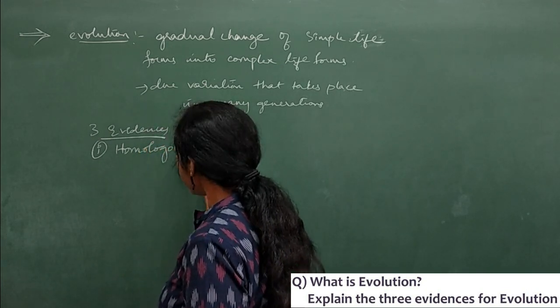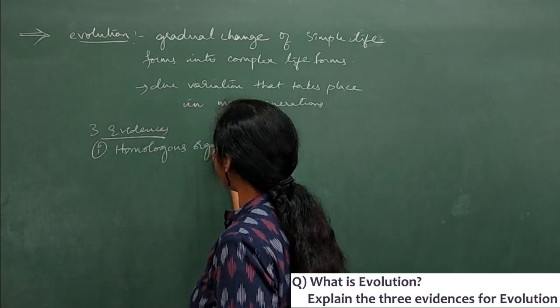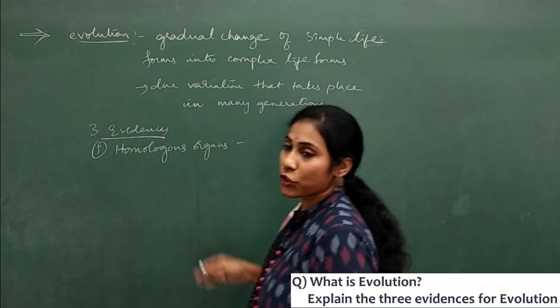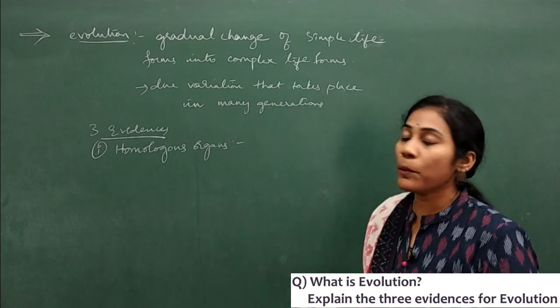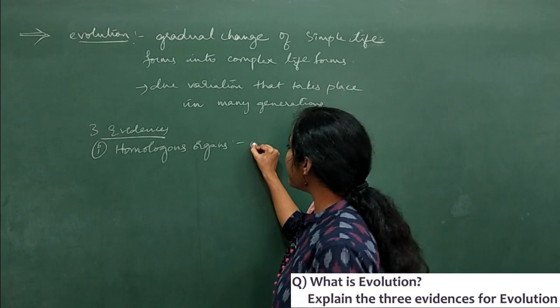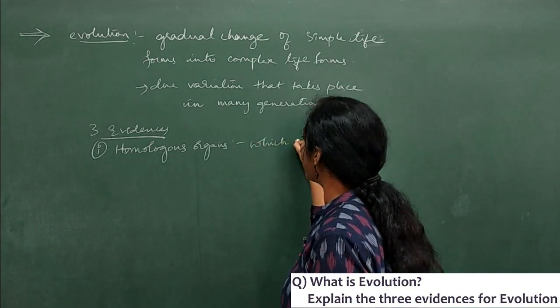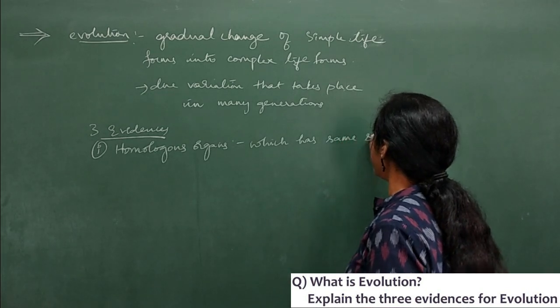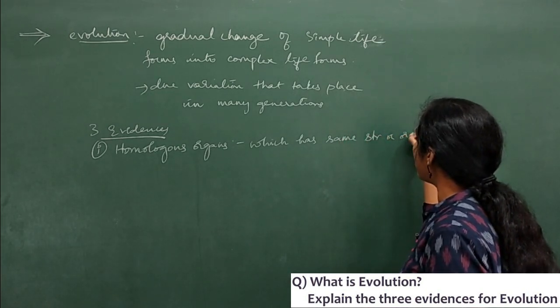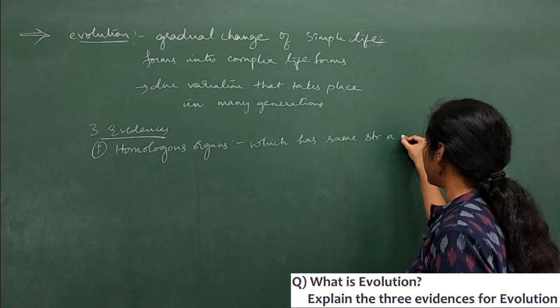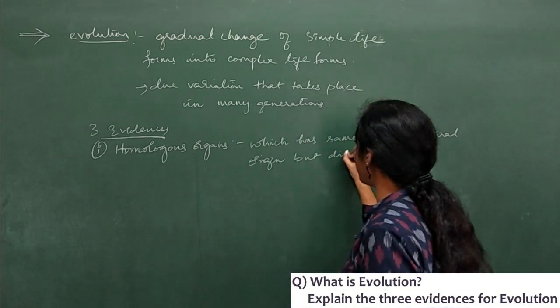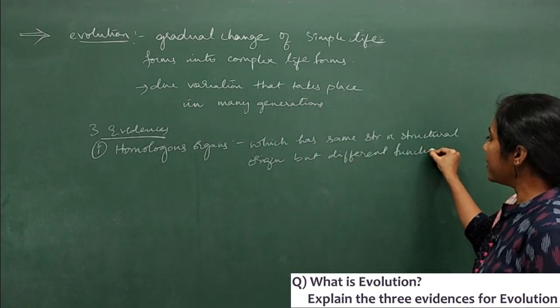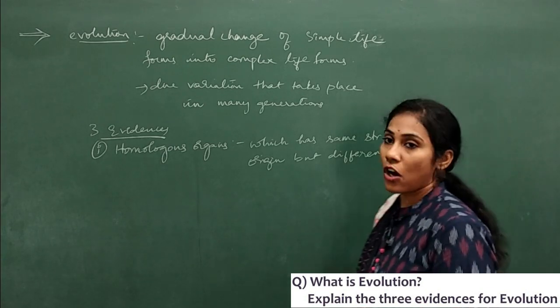and not just mentioning, you have to explain them with 1 or 2 sentences. So what do you mean by homologous organs? Organs which have same structure or structural origin but different functions. So such organs are called homologous organs.